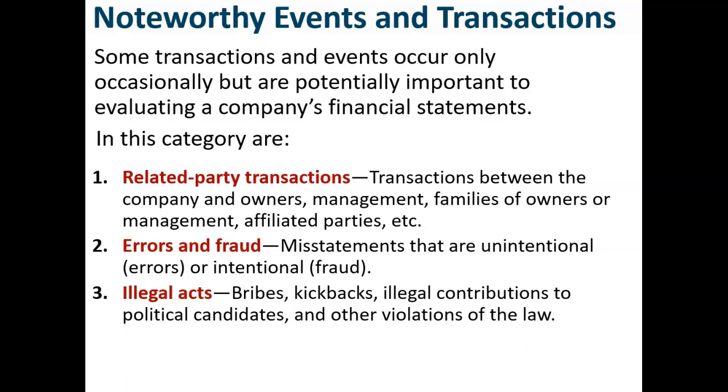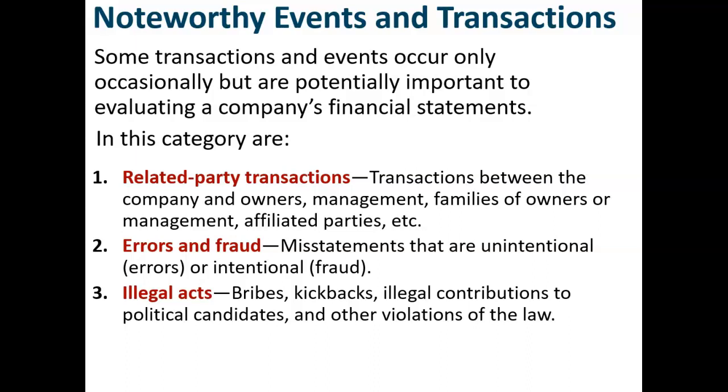For instance, borrowing or lending money at an interest rate that differs significantly from the market interest rate is an example of a transaction that could result from a related party involvement. When related party transactions occur, companies must disclose the nature of the relationship, provide a description of the transactions, and report the dollar amount of transactions and any amounts due to or from related parties.